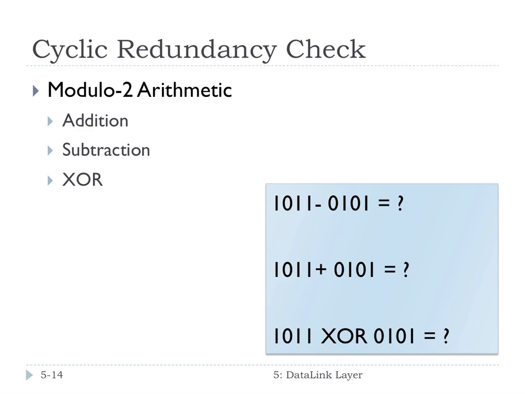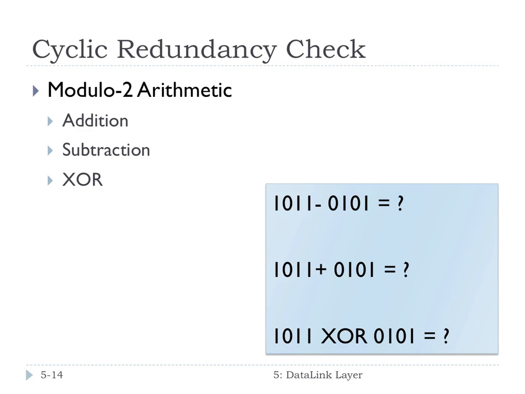It turns out in modulo 2 arithmetic, addition, subtraction, and XOR are all the same operation, exclusive OR. We can do addition or subtraction with XOR. It's this very simplified version of arithmetic.